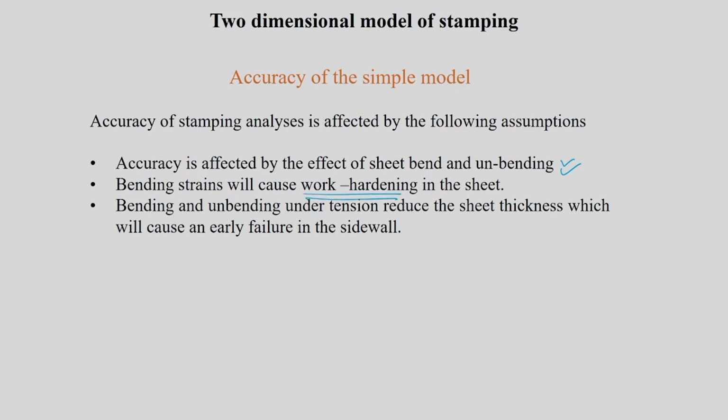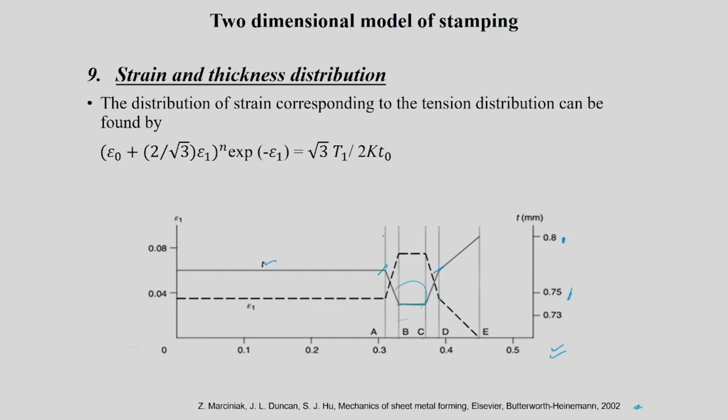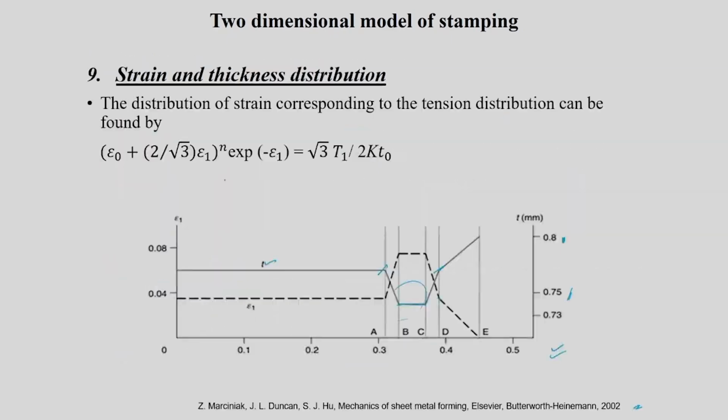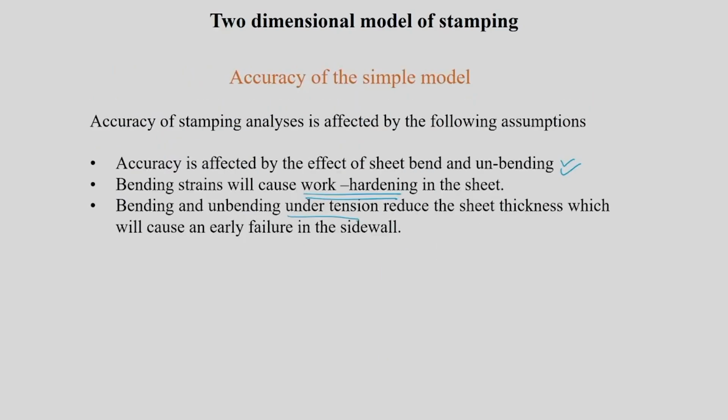Bending and unbending under tension, because it is stretching, reduces the sheet thickness, which will cause an early failure in the side wall. That is why I am saying the side wall is important. This location is going to be very important, because you see that thickness is going to decrease drastically in this location. You will see strains are going to be larger. So we have to be a little bit careful, and it will cause early failure in the side wall.